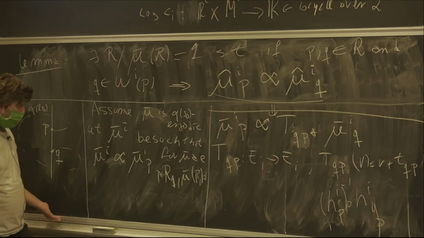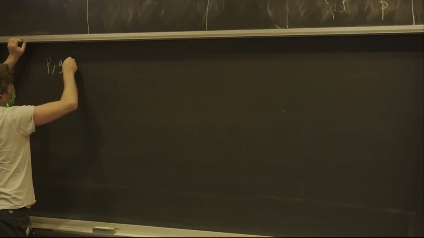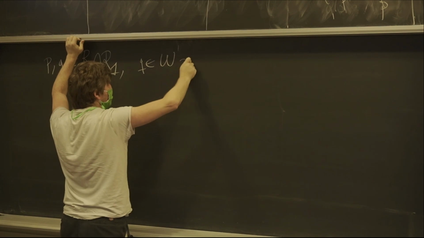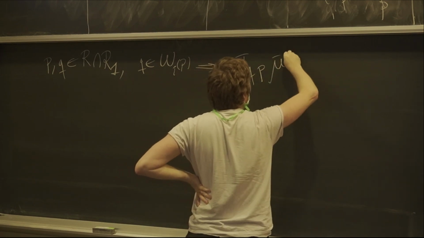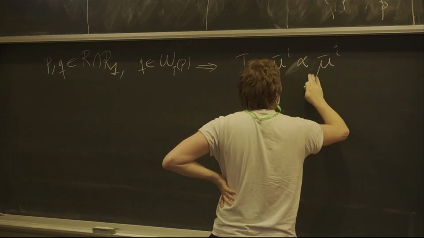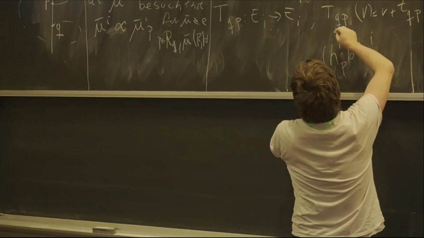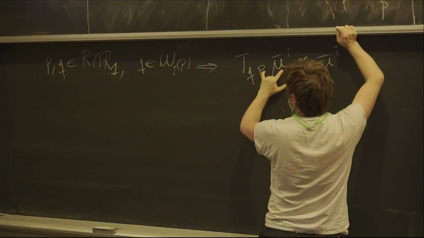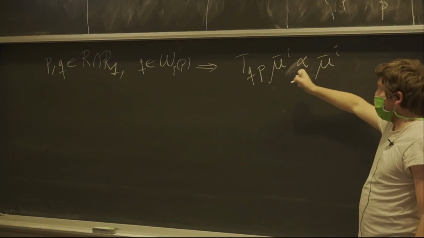And then let's see what I do if I put these two guys together. So I take P and Q in R intersect R1, Q in W_I of P. Then I get T_QP star of mu bar I is equivalent to mu bar I, because this guy is just T_QP of mu bar I, and this guy is mu bar I. So I have that this measure is invariant by this translation.